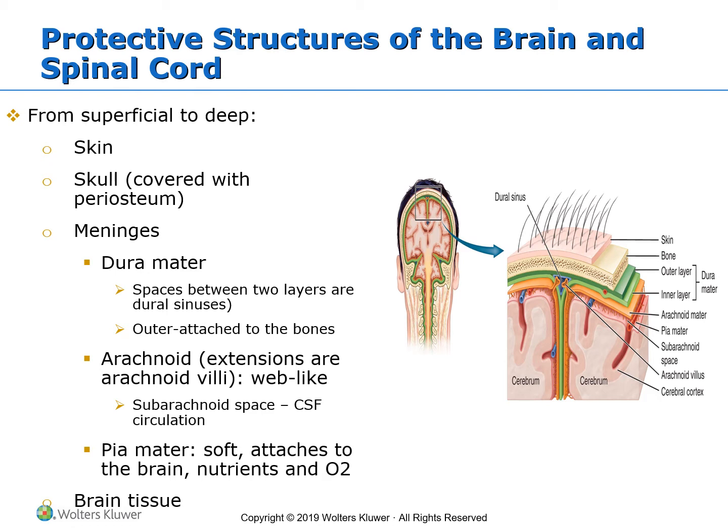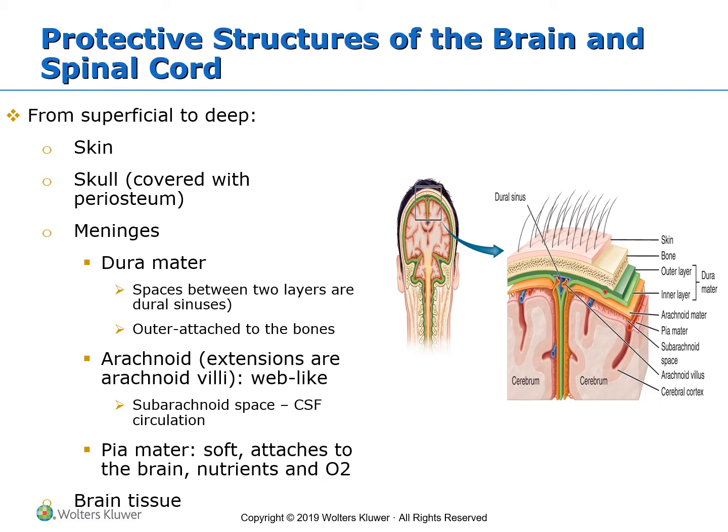The middle layer of the meninges is called the arachnoid layer. This one is considered the vascular layer of the 3 layers, and it's a little more loose and attaches with web-like fibers to the next membrane, the pia. It forms a space called the subarachnoid space, where CSF circulates.